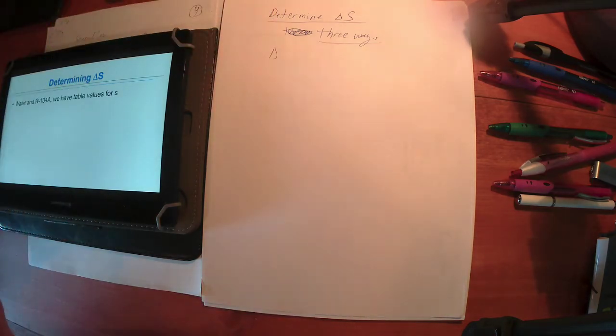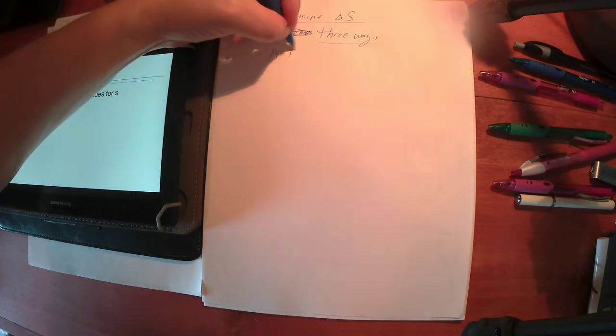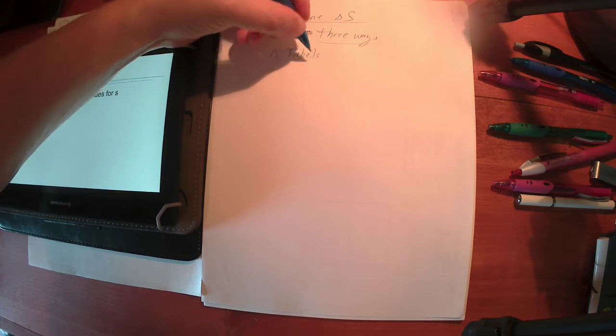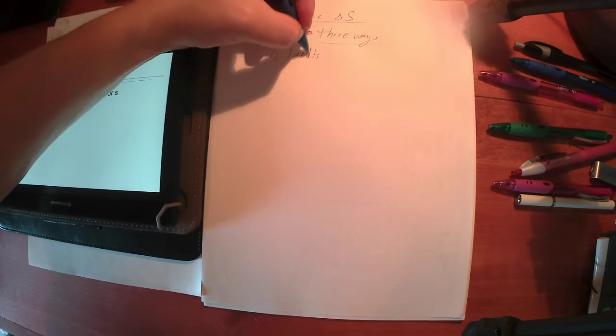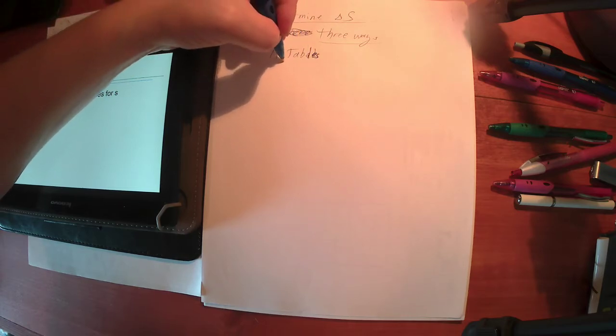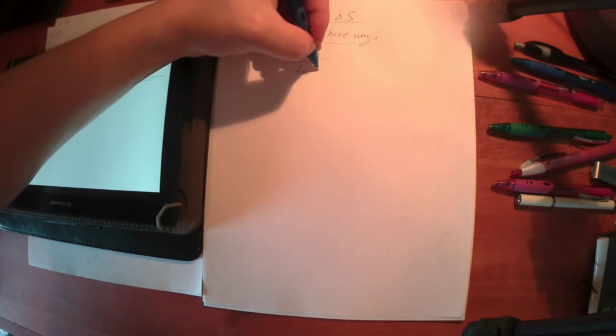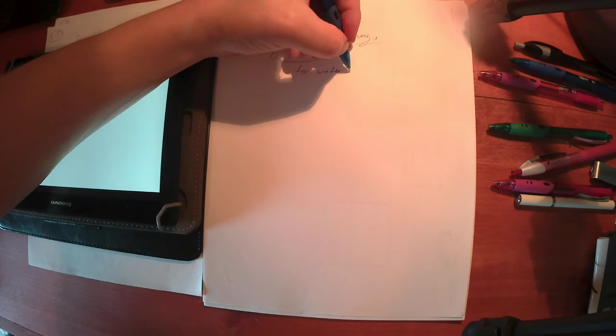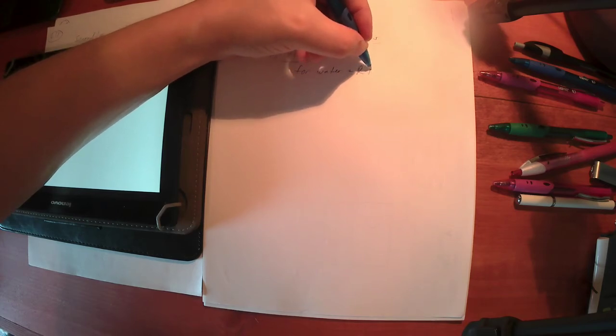There are three ways. The first way is we have tables. For water, in our text, we have water and R134a.